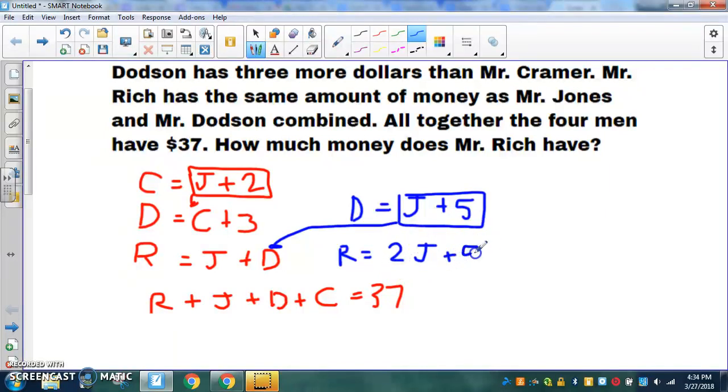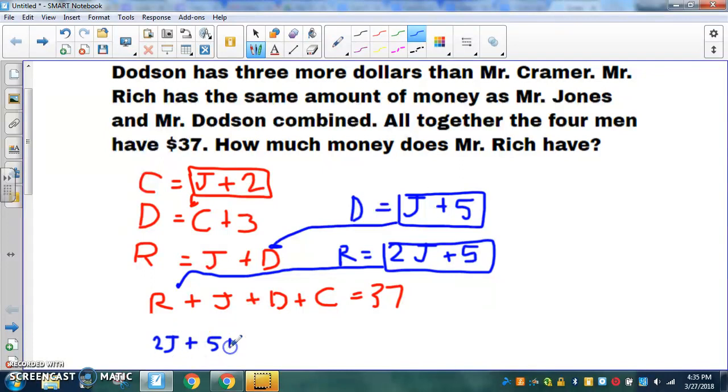Now, you probably guessed it. I'm now going to use this, and I'm going to plug it in down below for R. However, you'll notice something. That is not enough. I plug in 2J plus 5 for Mr. Rich. That agrees very well with this other J I have right here. But now I have this D and this C, and so I'm still unable to solve this equation.